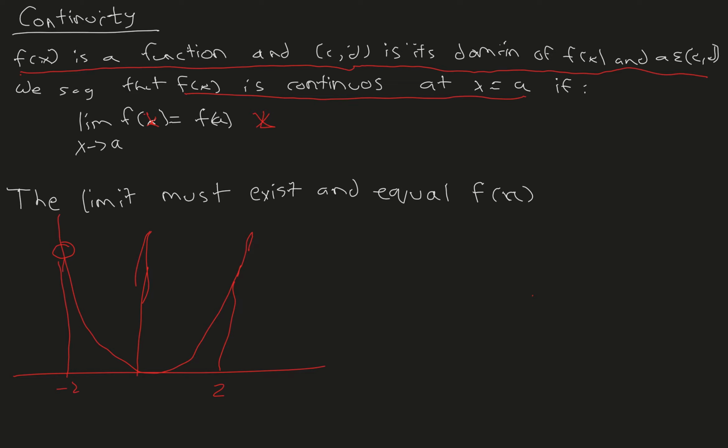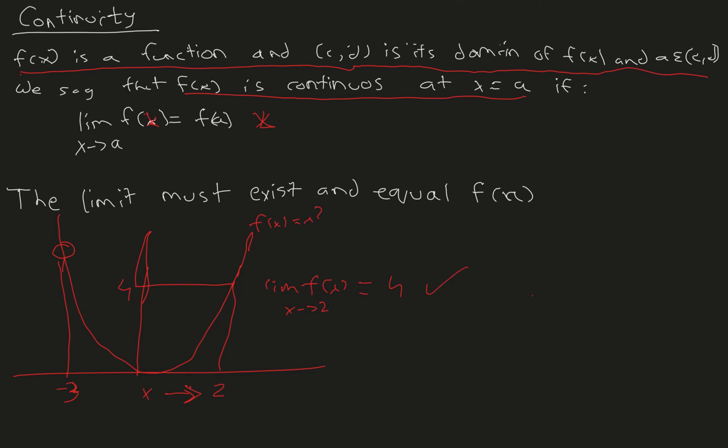We say the function f of x is continuous at 2 if the limit of f of x as x approaches 2 is equal to f of a, and since f of x equals x squared, f of a here should be equal to 4. If the limit of f of x as x approaches 2 is equal to f of a, which is 4, then we say it is continuous.